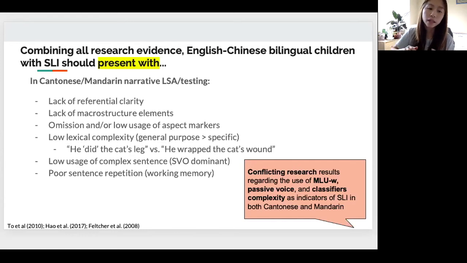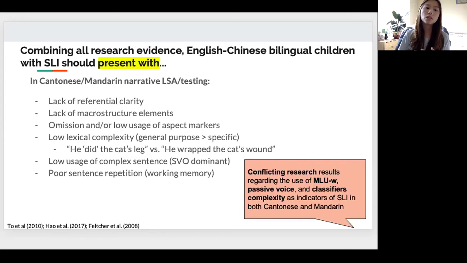I would also like to highlight the fact that there is conflicting data with using MLU in words, and the ability of using passive voice and complex classifiers as indicators of SLI in Chinese language sample. Regarding MLU in words, some research has found that children with Chinese SLI might use a comparable amount of words as their typically developing same-age peers.